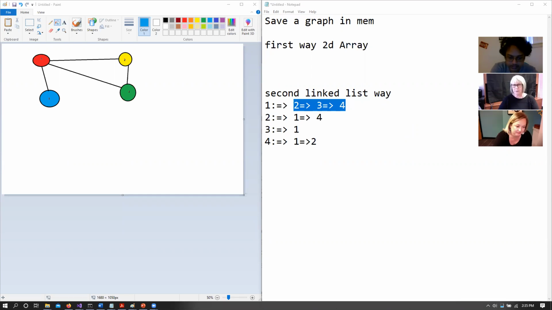Does this architecture make sense? And do you understand how we can represent this graph as an array of linked lists in a C++ program? Type in yes or no. Can you represent this in a C++ program like an array of linked lists? There are 40 students.